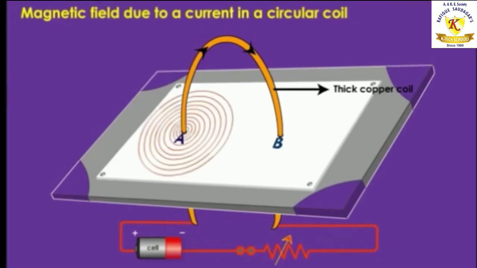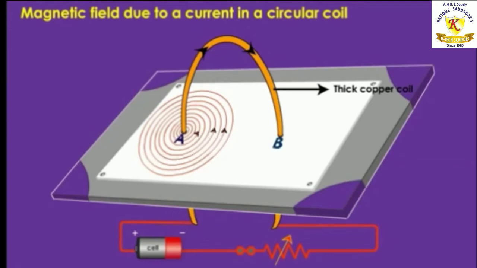So, we can see that the magnetic lines of force around the hole A are in anti-clockwise direction. You can observe in this figure.